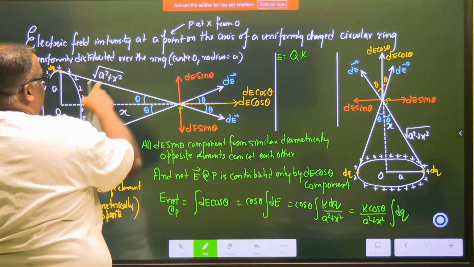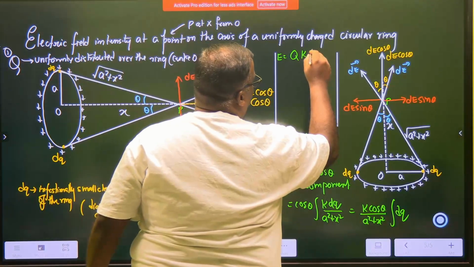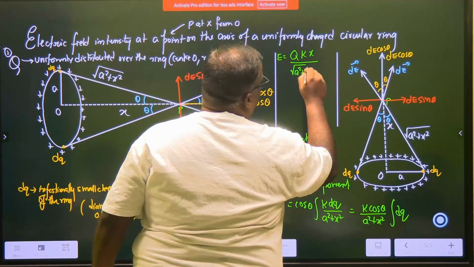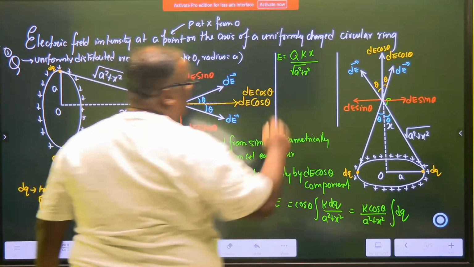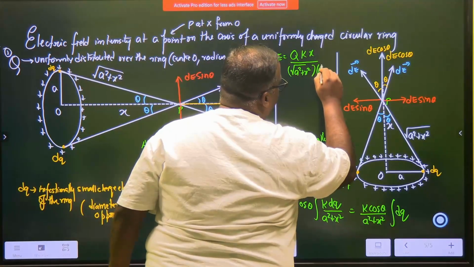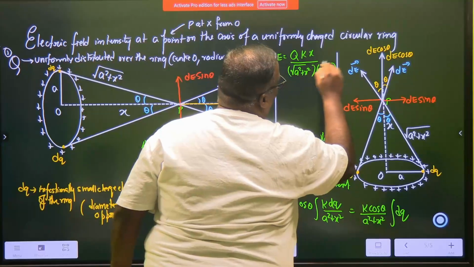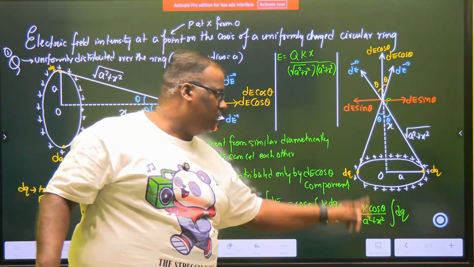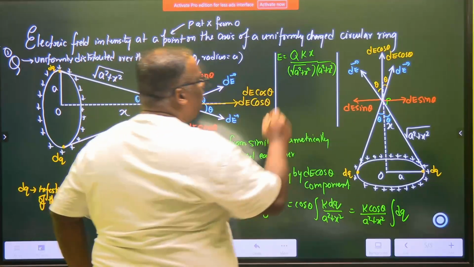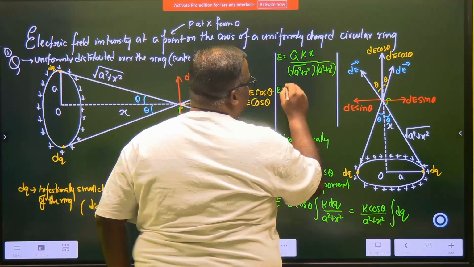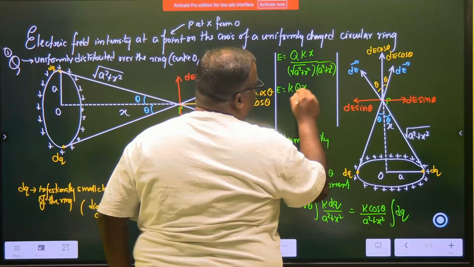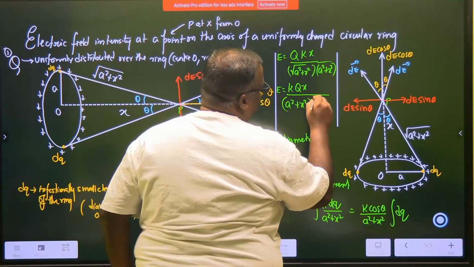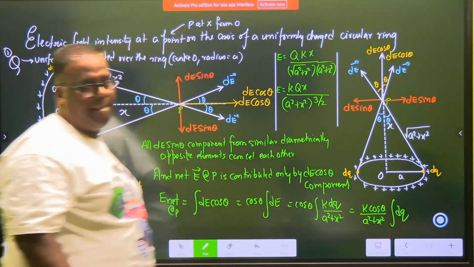Adjacent side by hypotenuse, X upon root a square plus x square. This is multiplied by another a square plus x square which was already there. Do you agree or not? K, a square plus x square integral, right? So now E can be expressed as kqx over a square plus x square to the power 3 by 2. Right?